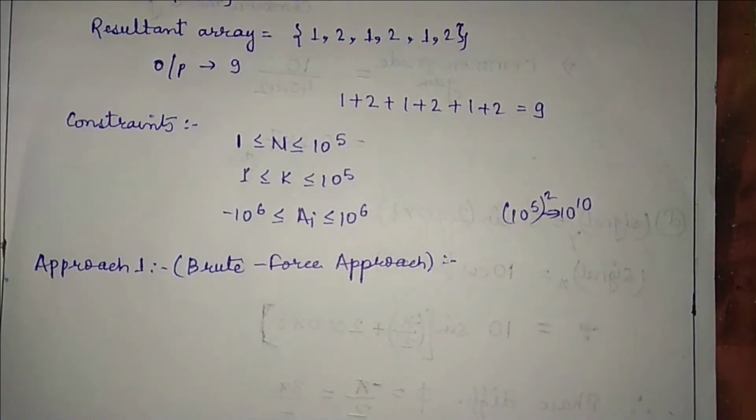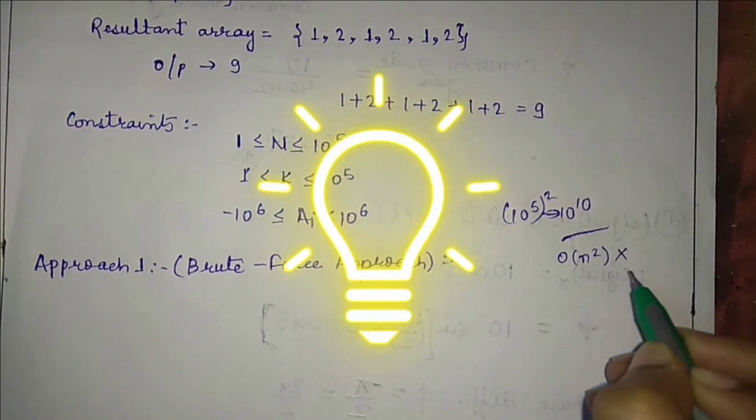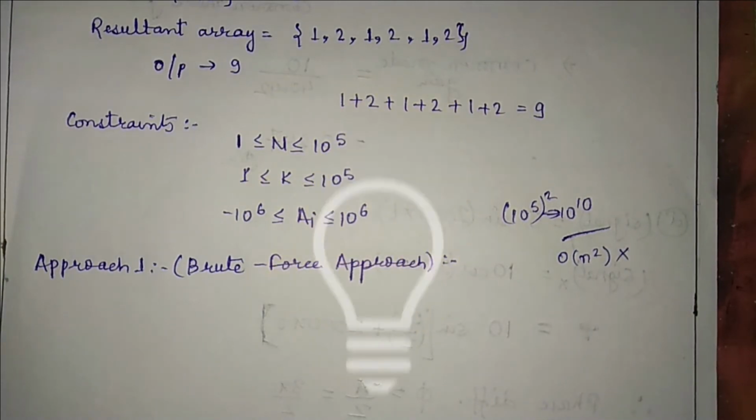We can't apply an O(n) square approach since the time limit is 1 second, because about 10 to the power 8 inputs are processed in the system in 1 second. So how is the system going to process 10 to the power 10 inputs? This means that an O(n) square approach can't be applicable to our problem if the time limit is 1 second.